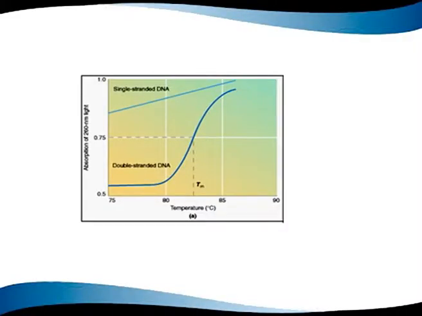Melting of double-stranded DNA can be monitored by the absorption of ultraviolet light at 260 nanometers. As regions of double-stranded DNA unpair, the absorption of light at these regions increases. On the other hand, light absorption by single-stranded DNA changes much less as the temperature is increased.